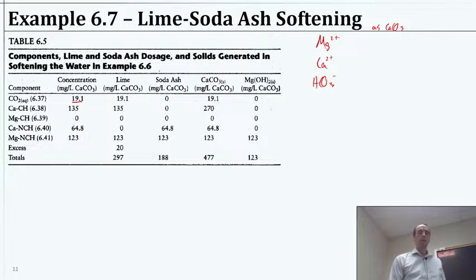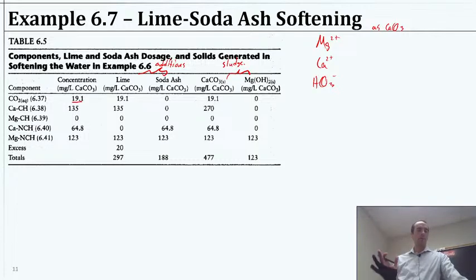So one thing this is showing here is these are additions to count up how much stuff we're adding. And this is something that I neglected and missed when we were talking about part B, is the fact that what we're adding is not the same as what we're yielding as sludge, right? So our sludge is going to be the solids formed.